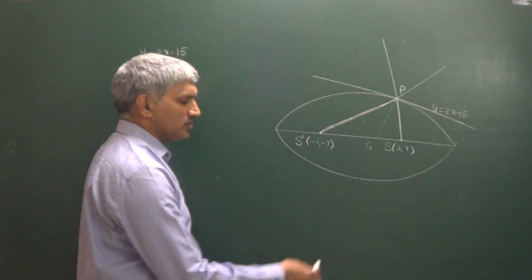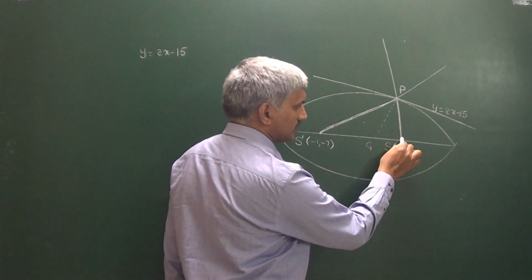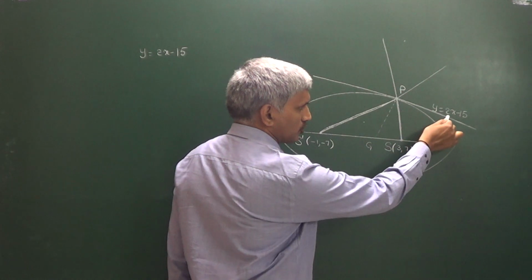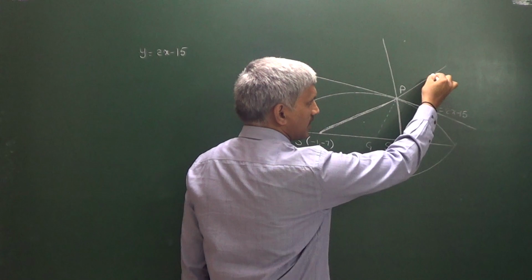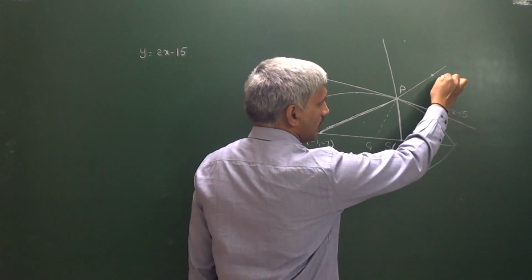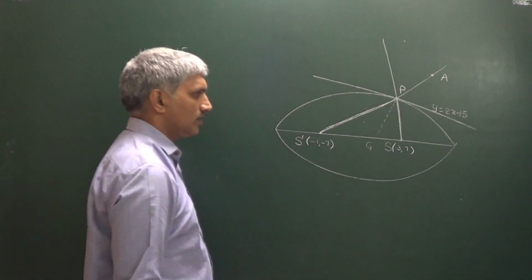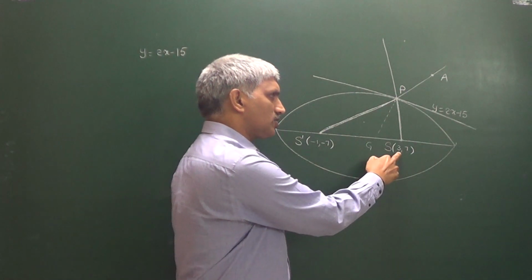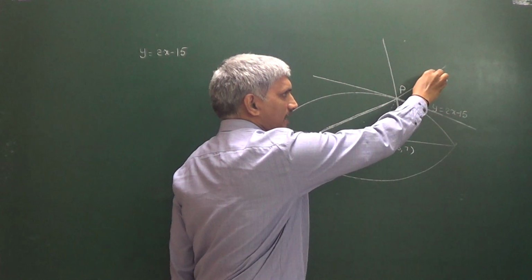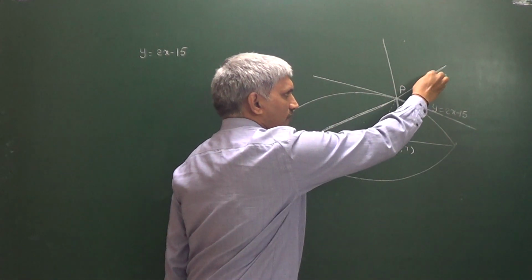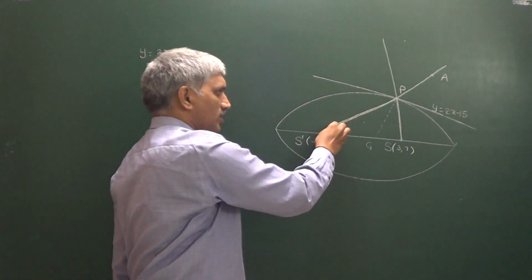What I am doing is, for the point (3, 7), with respect to this line, find the reflection. That reflection must lie on this line. You can find the equation of this particular line.